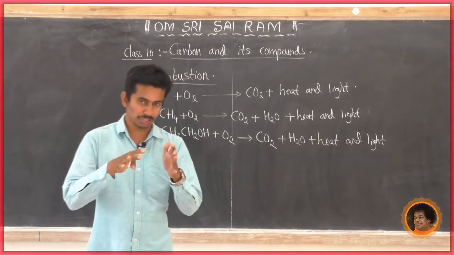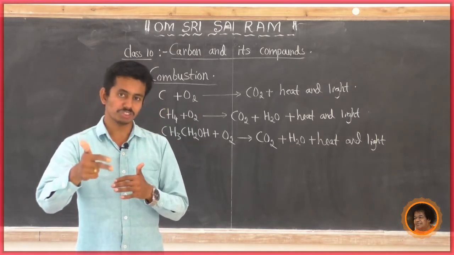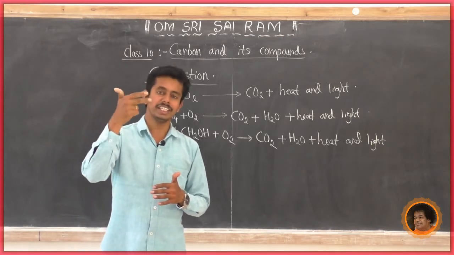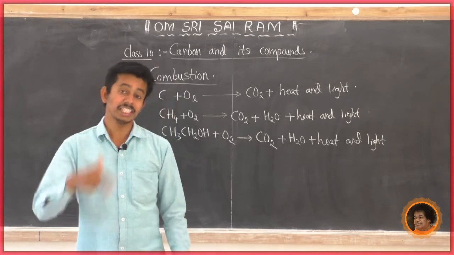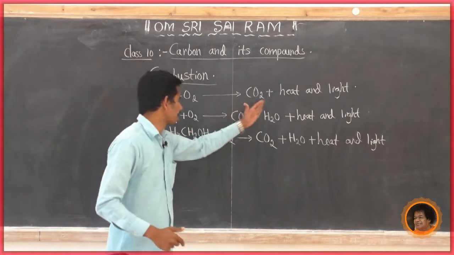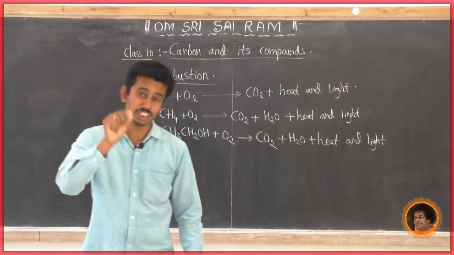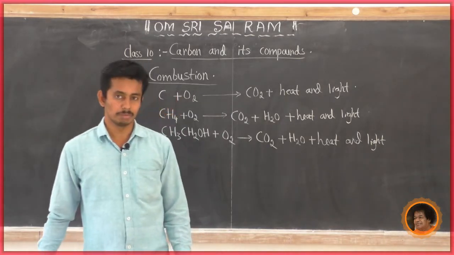So, complete combustion and incomplete combustion. In complete combustion, carbon dioxide, water, heat and light are formed. In incomplete combustion, carbon monoxide, carbon particles, carbon dioxide, heat and light are formed. So sufficient oxygen is required for complete combustion.